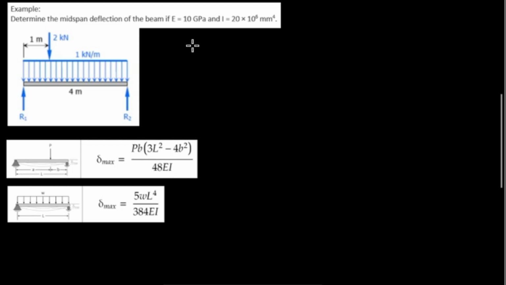So the combined deflection at midspan is equal to the total deflection of the concentrated load and the uniform load, which is the deflection at the concentrated load, designated as delta 1, plus the deflection at the uniform load, delta 2.